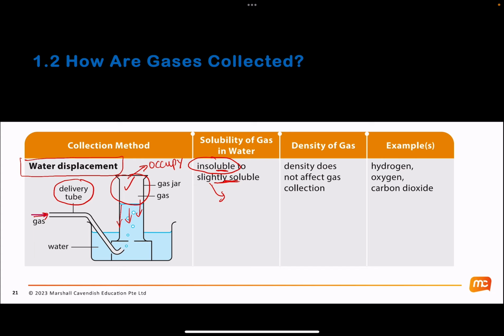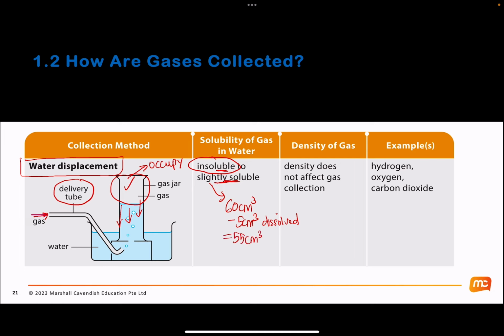Why is that so? For example, let's say you are expecting 60 cm cube of gas to be collected, but because part of the gas is soluble, maybe 5 cm cube of the gas dissolves in water. Then in the end, you will only collect 55 cm cube of the gas.